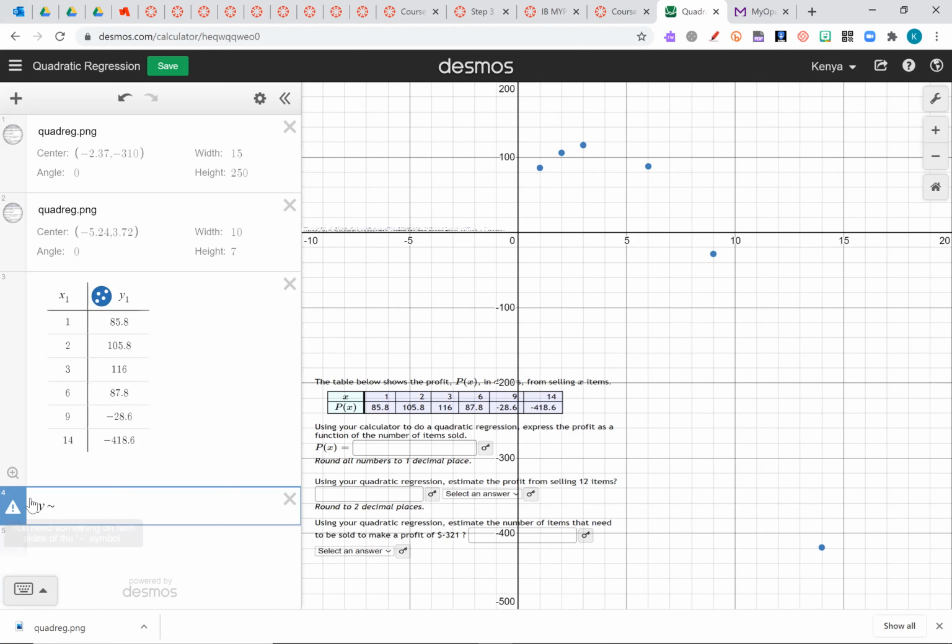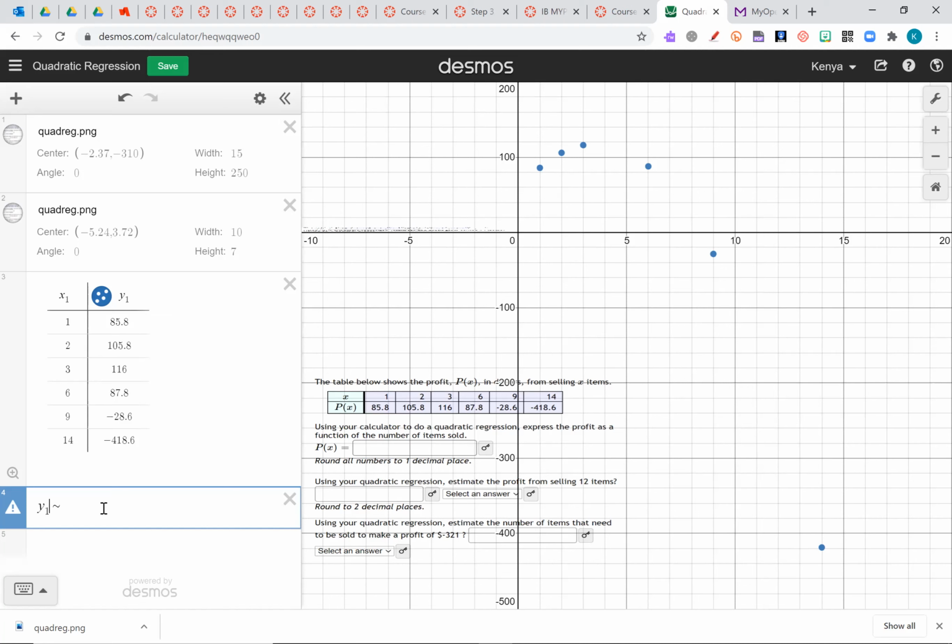Right now, this is throwing an error because I'm not using the correct variable. I have to use the variable that's shown here and here. So I need to type in y sub 1. I'm going to go to the y and type the number 1, and it drops down as a subscript. I didn't do that. It just does it on its own.